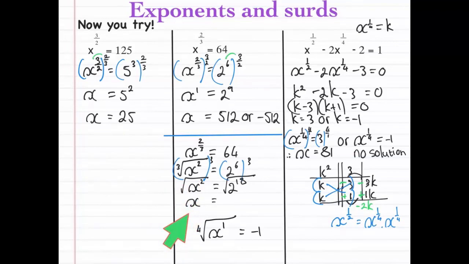And then I'm going to write this base, which is 2, and it will be 18 divided by 2, which is 9. So 2 to the power of 9, which equals, and remember when we get the square root of a number, it's either the plus or minus of that number. So that equals 512 or negative 512. And that is quite easy, isn't it?